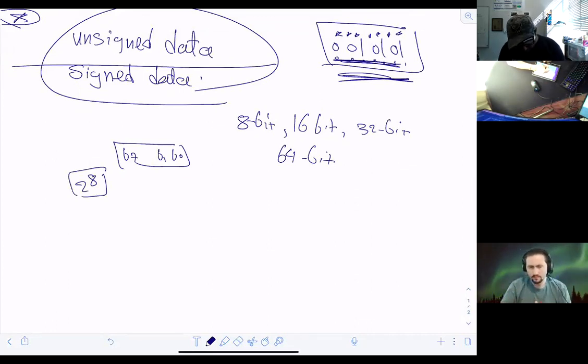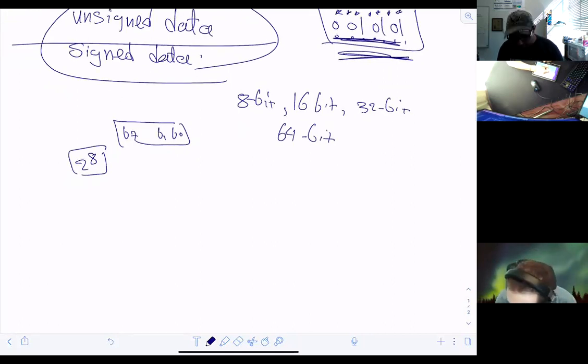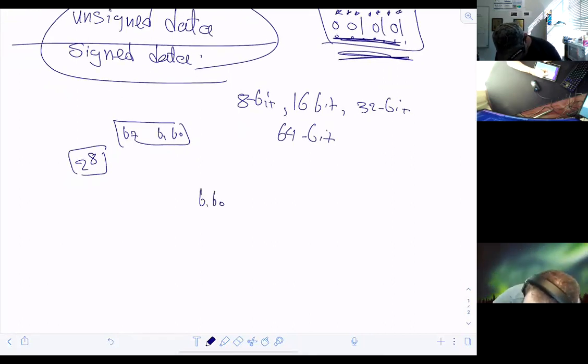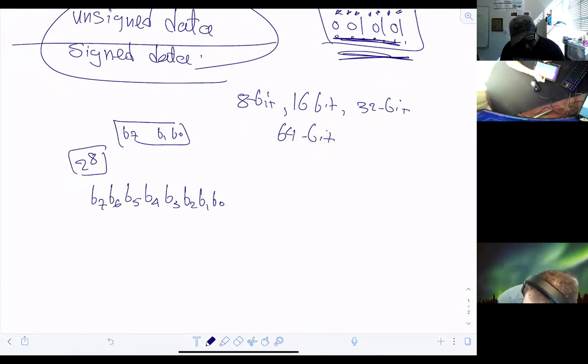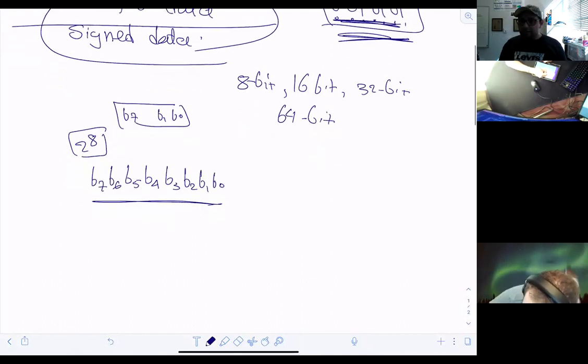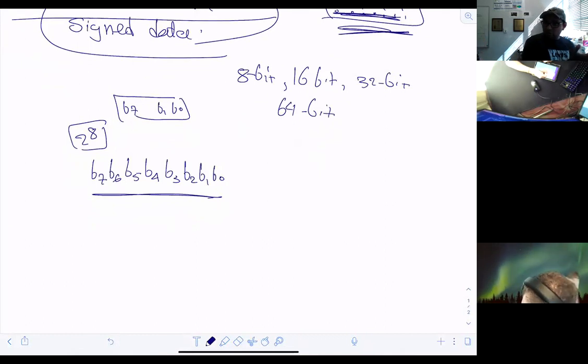What does it mean? If I have an 8-bit number like this, B0, B1, B2, B3, B4, B5, B6, and B7, this combination can be filled with zeros, or with ones, or something in the middle.